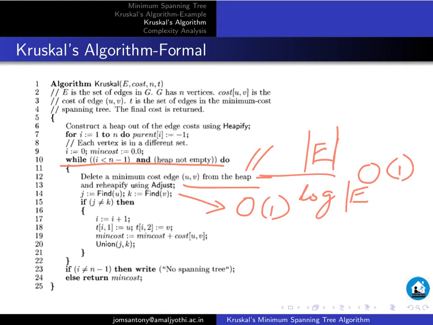If j is not equal to k, then you are going to add u and v to our solution set, and then we are also going to update the min cost as min cost is equal to min cost plus cost of uv. You can also see that a union operation is performed here on j and k. So we have indicated that this union operation again takes a time of log e.